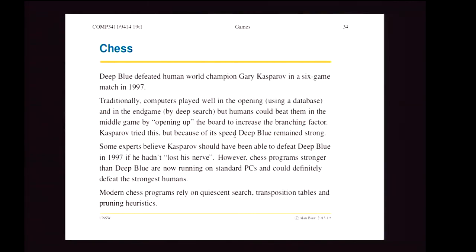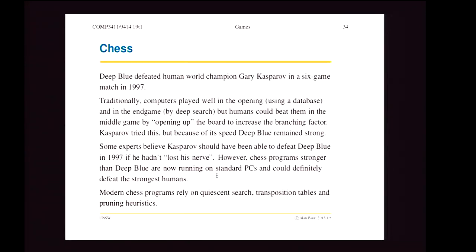So let's talk now about some specific games. Deep Blue: 22 years ago now, Garry Kasparov got beaten by Deep Blue in a 6-game match.